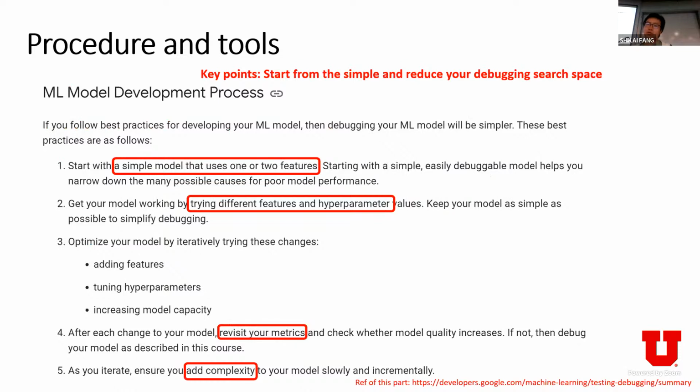And the second principle right here, I list lots of text here, but you don't have to go through it line by line, just get the key idea. The key idea of these slides, I call it the second principle, is start from the simple. You start from some very simple models, or your complex model with very simple data. And if you can make sure your models and your data can run smoothly and get reasonable results on the simple case, then move to the complex case.